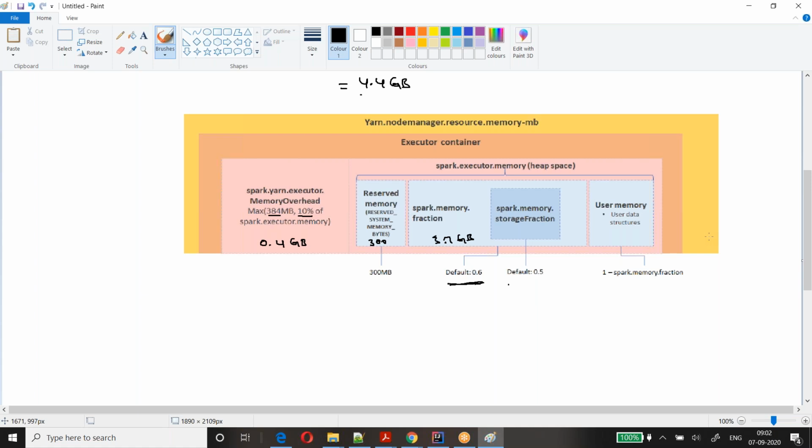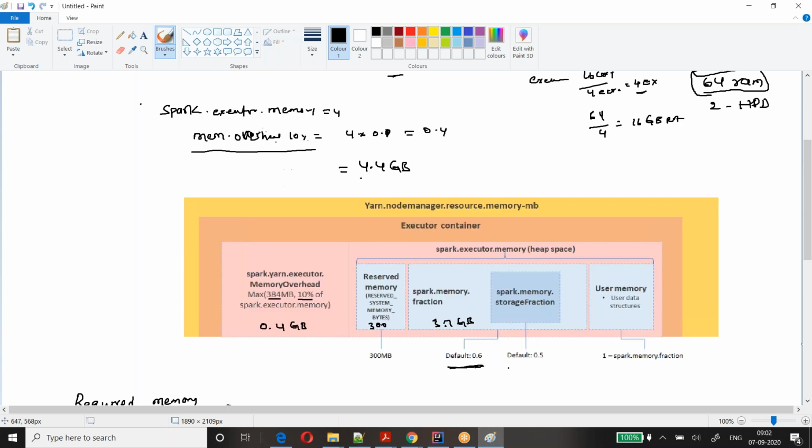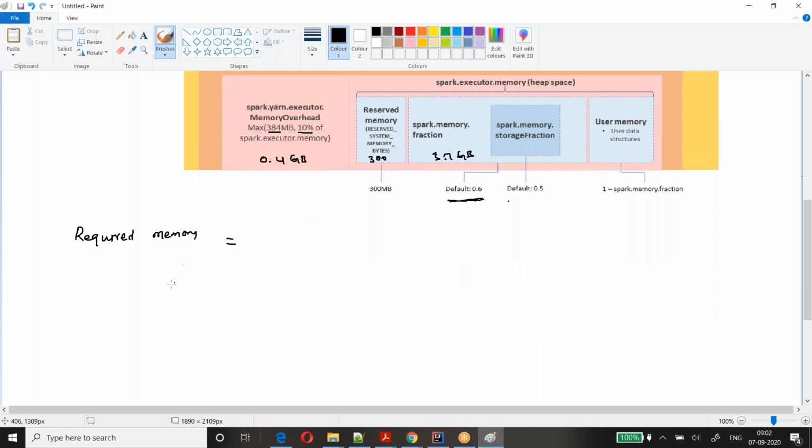Okay, how much memory will be requested? I mean, how much amount of memory it will be requested, not data, sorry. Your executor memory, whatever executor memory you specify. Okay, I'll put it this way. Required memory equals your executor memory, whatever you specify, spark.executor.memory, plus memory overhead.